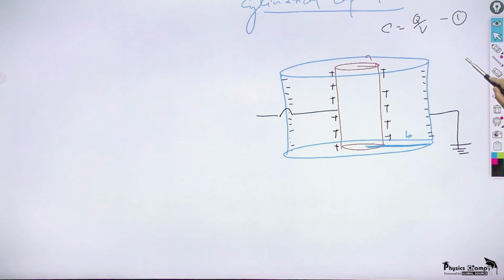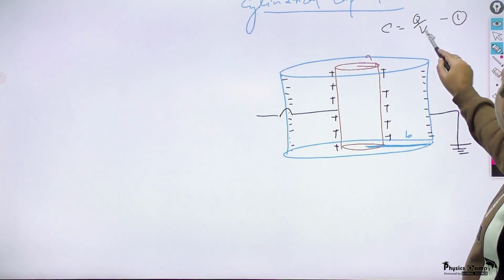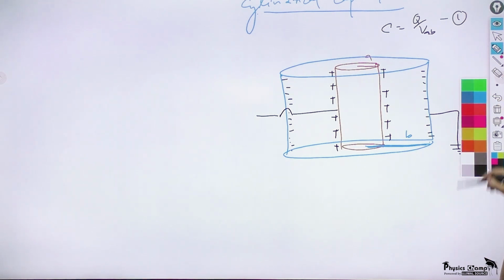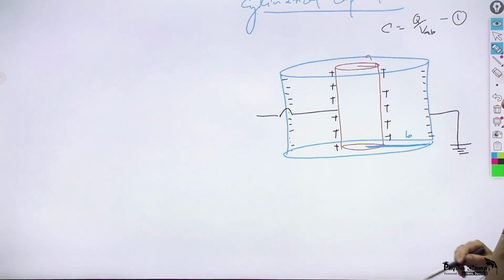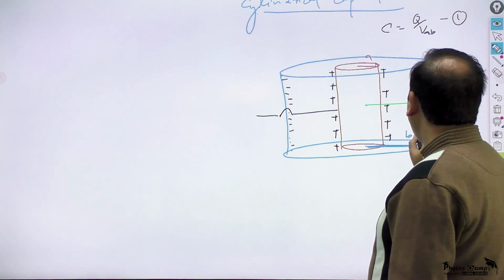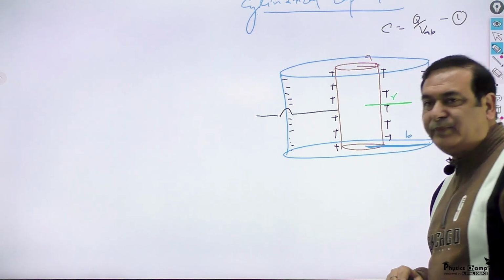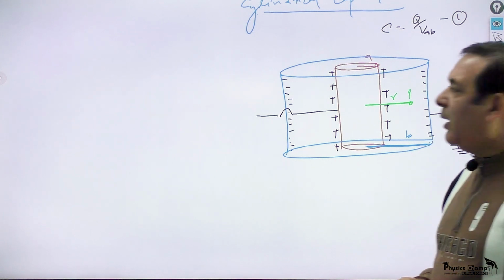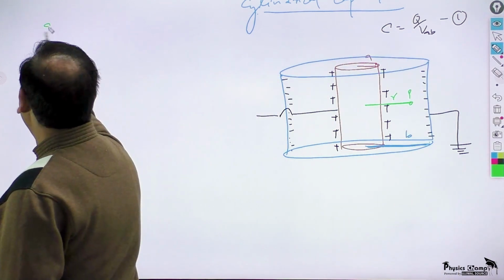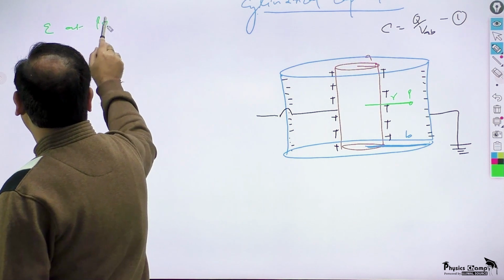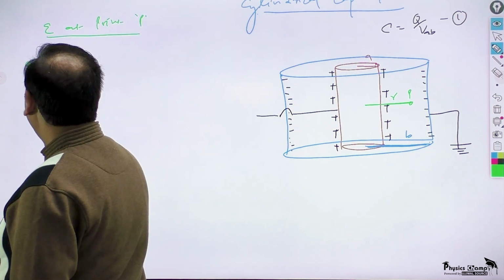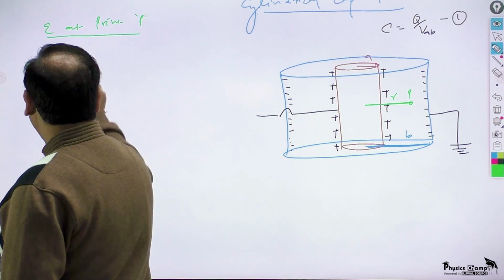Now moving further, I am interested to find this potential difference from A to B. For that, we assume, let at a distance r from here, we have a point P. How much will be the electric field? Electric field at point P would be 1 by 2 pi epsilon naught lambda by r.